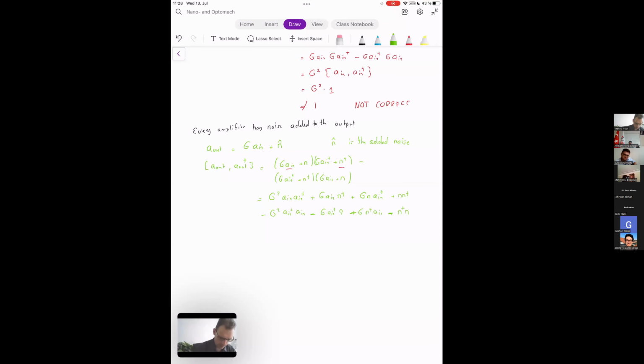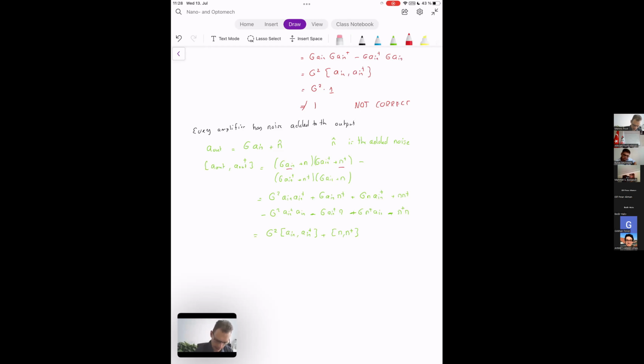So in this case, we see that this first term with the G squared is actually nothing but the commutator of A_in and A_in†. And then also the last term is going to be plus, in this case, the commutator of N and N†. And then there are these cross terms that contain both the input boson operator and the noise term. So in this case, we are looking at noise coming from the amplifier, and then whatever we put into the amplifier.